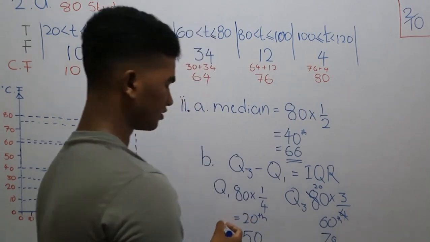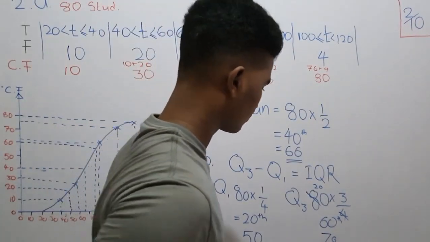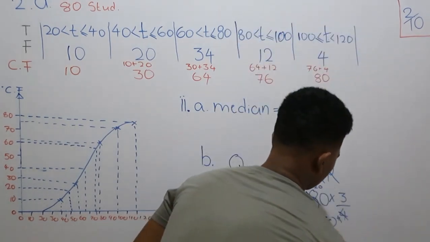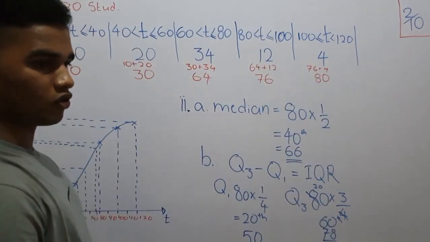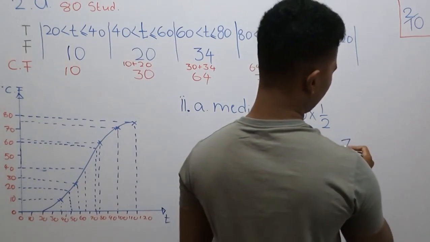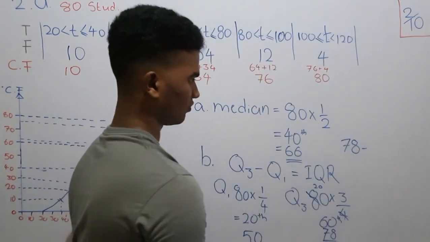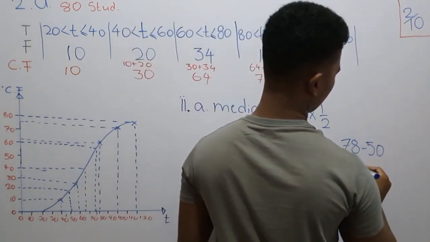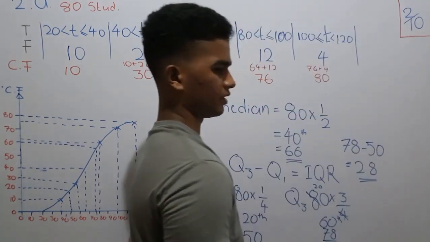So Q1 is 50, Q3 is 78. Now to find the interquartile range, it is Q3 minus Q1. So 78 minus 50 equals 28. So the interquartile range is 28.